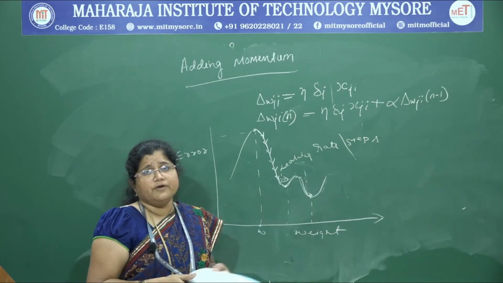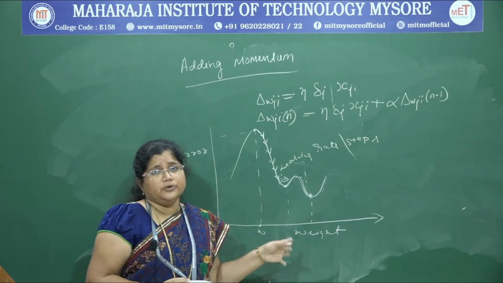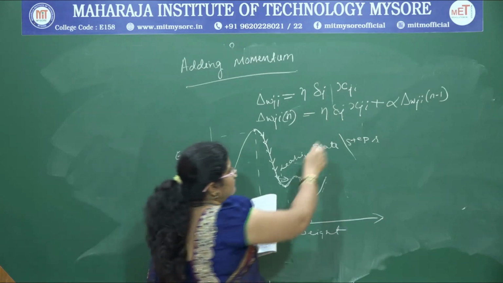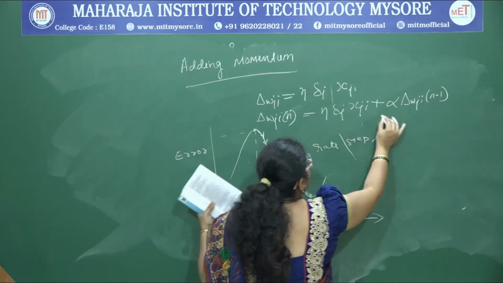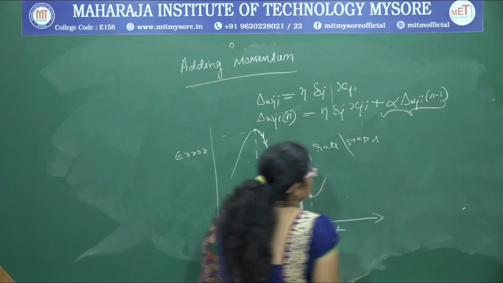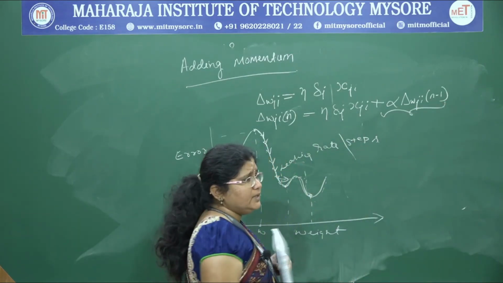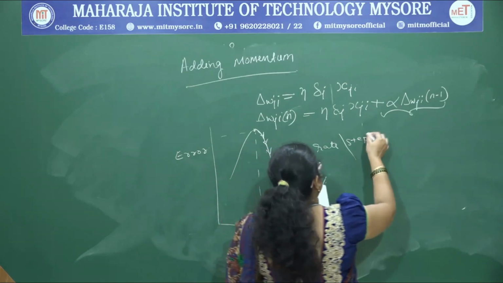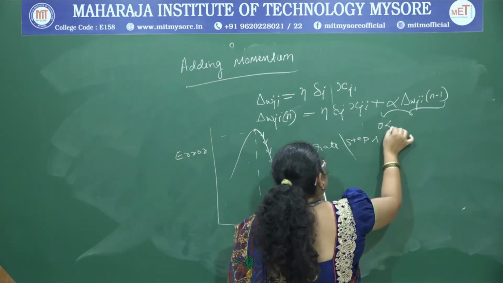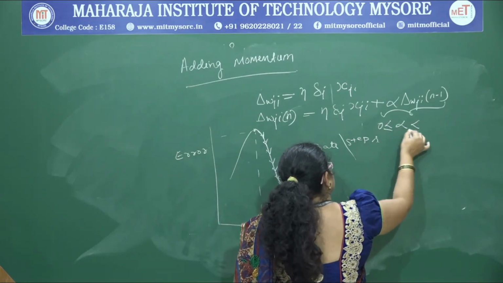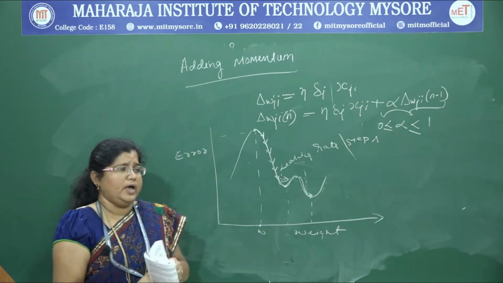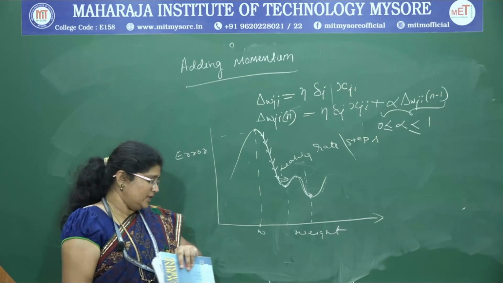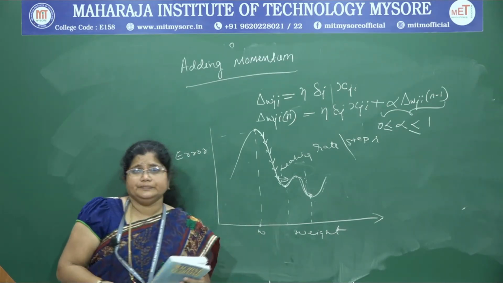That constant alpha varies from 0 to 1. The alpha is a constant in the momentum term. This complete term we call the momentum term. So that is all about adding momentum.